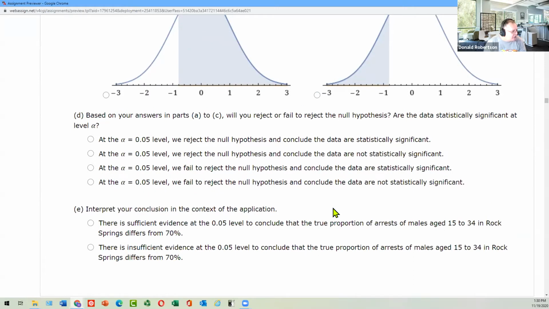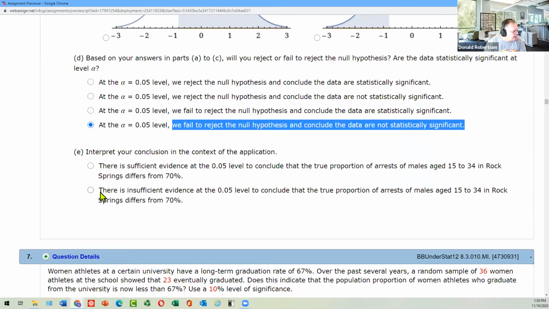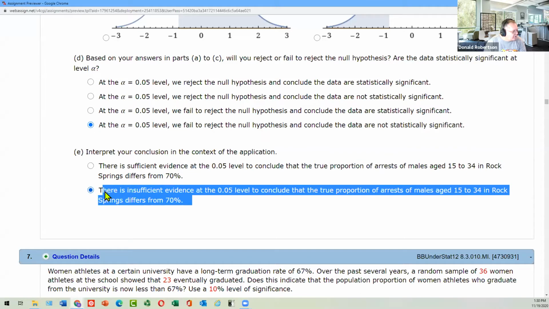That means you ain't going to reject the null hypothesis, which makes it that one. We fail to reject the null hypothesis, and for how you interpret it in English, insufficient evidence to show that it's different.